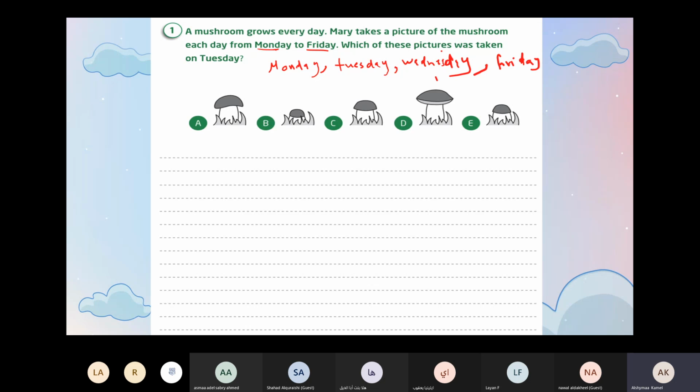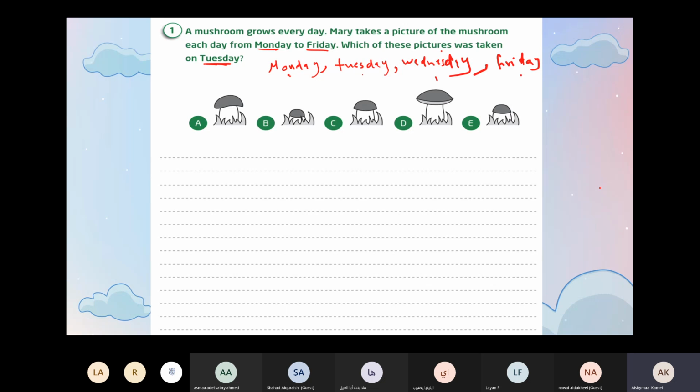She starts to plant it on Monday and takes a picture of the mushroom from Monday until Friday. Here he asked which picture represents the mushroom on Tuesday. Tuesday here is day number what? The first day or the second day of planting? The first day is Monday, so Tuesday is the second day. So it's going to be E.